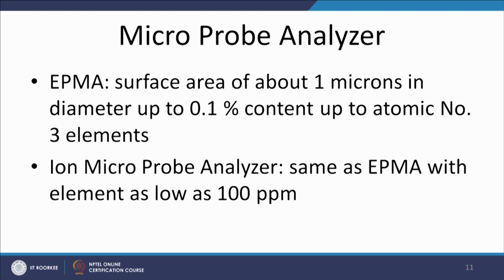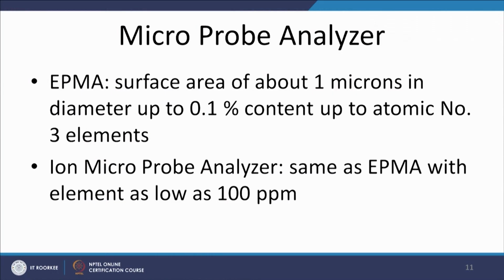Then there are two good approaches which are used for determining the distribution of the elements in the metal, like EPMA, which is the electron probe microanalyzer, or the ion probe microanalyzer. EPMA is used for elemental analysis of the surface over a diameter of 1 micron, analyzing elements down to atomic number 3, and the content up to 0.1%.